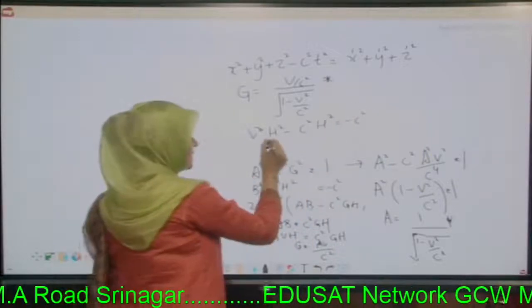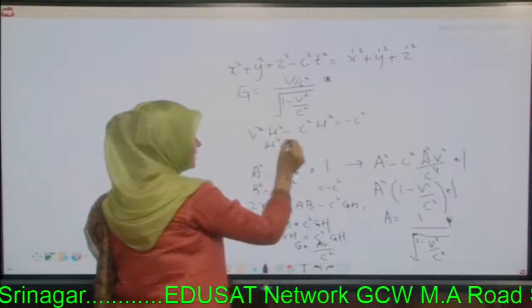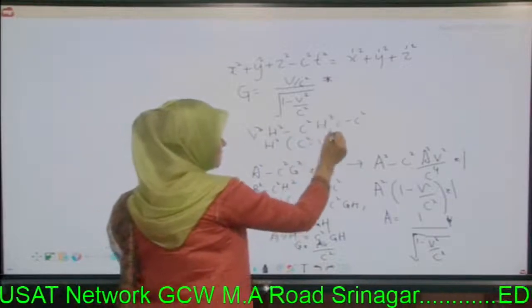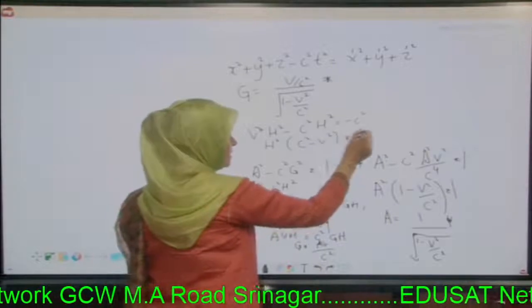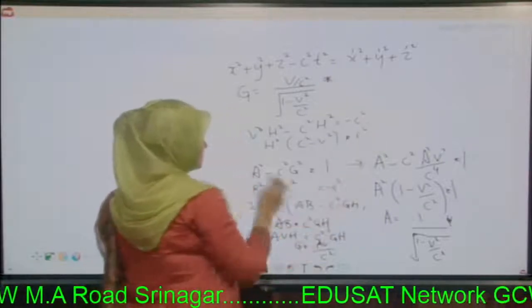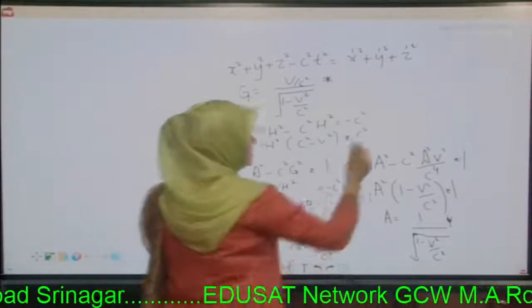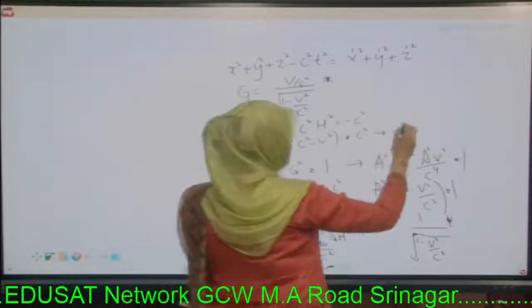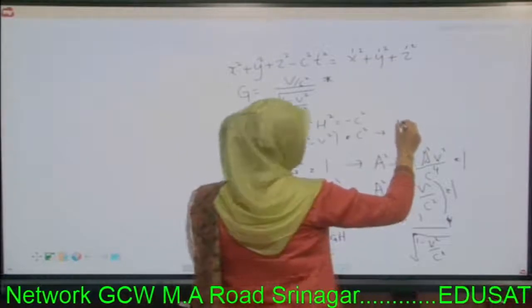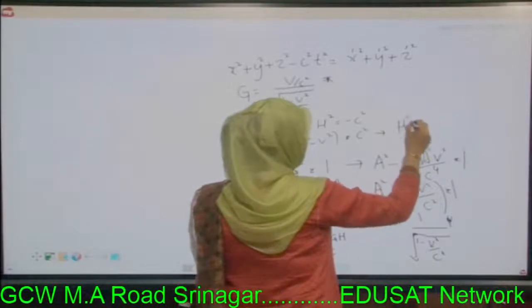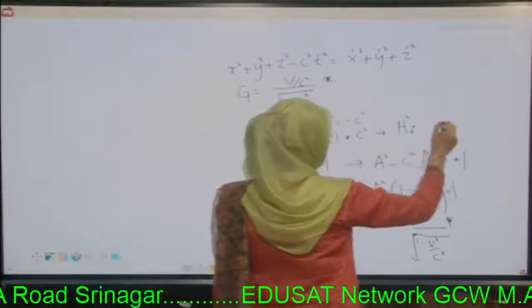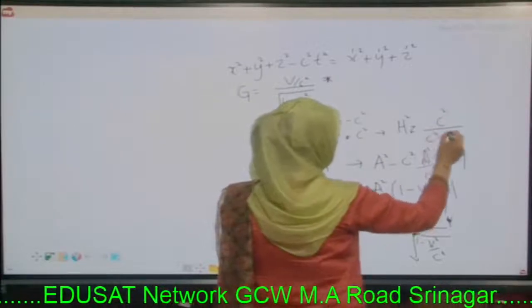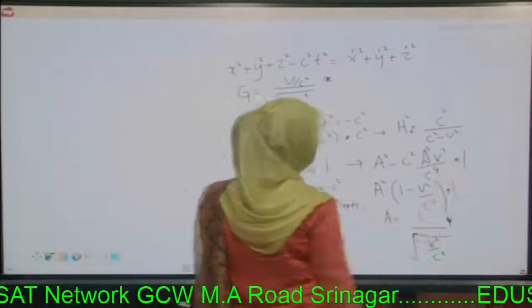So if you take this h square as common, and inside I'm going to write c square minus v square to cancel out this minus sign. I hope you understand that. So after that, from here you get that this h square is going to be c square by c square minus v square, right?